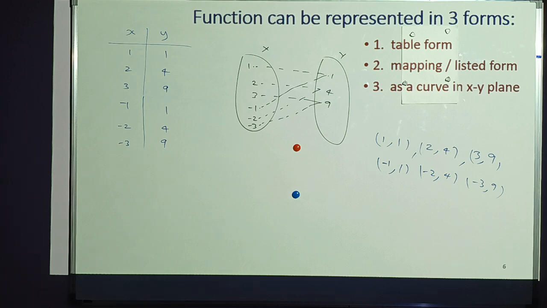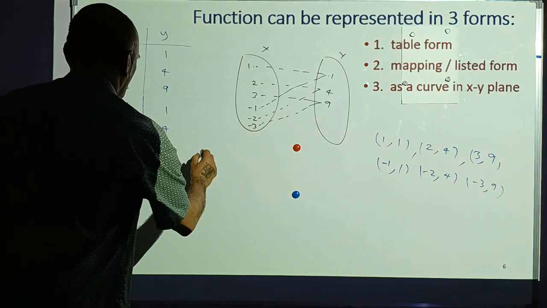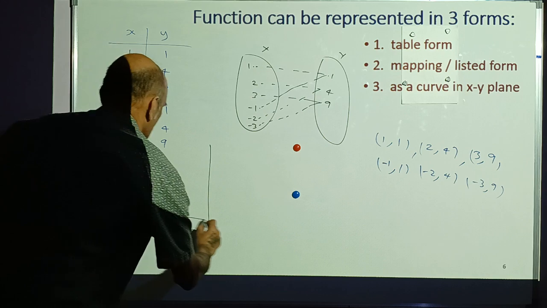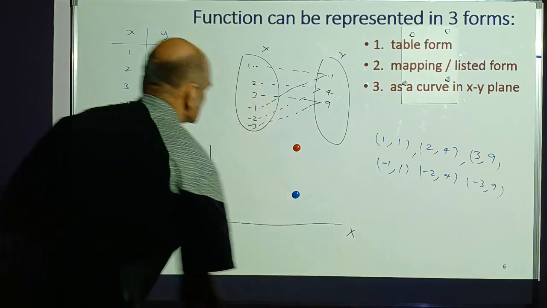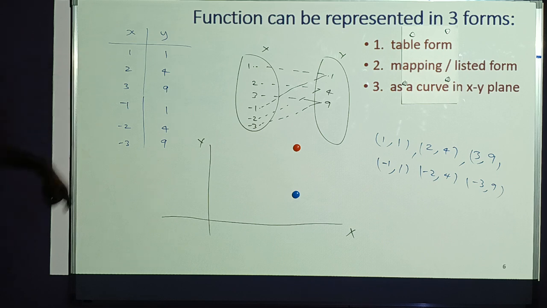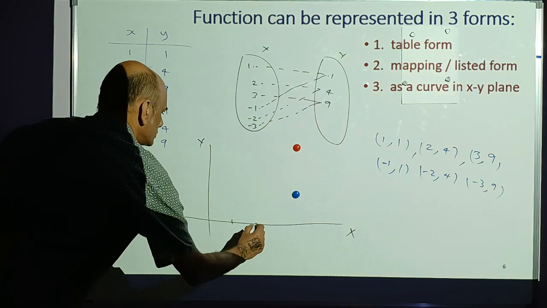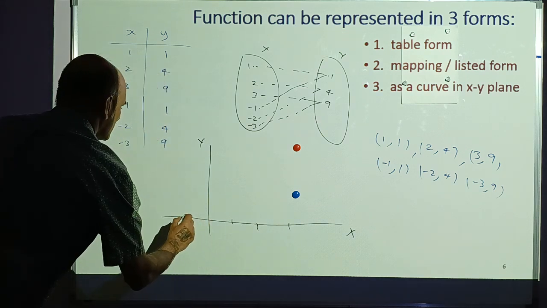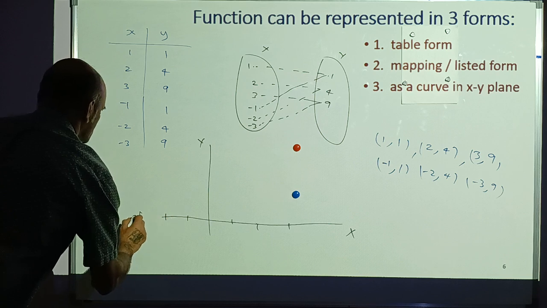Another way of mentioning this relation is to plot the value of x on the horizontal axis and the value of y on the vertical axis. So x takes value 1, 2, 3, minus 1, minus 2, minus 3.